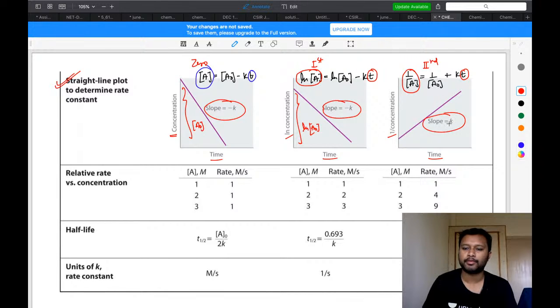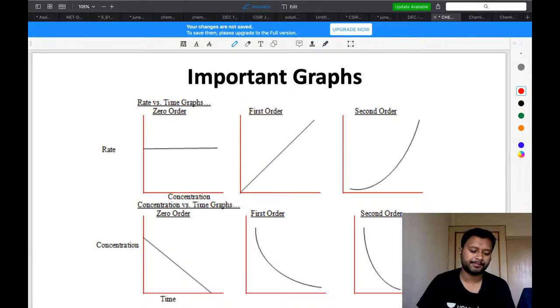So here the slope becomes plus k and the intercept over here is 1 upon A naught. Okay, so these are the three straight line plots, and you should be aware of them. Half-life is given to you as the equation we have already seen, and the unit of rate constant also we have already seen. Okay, so we'll go for the next thing.